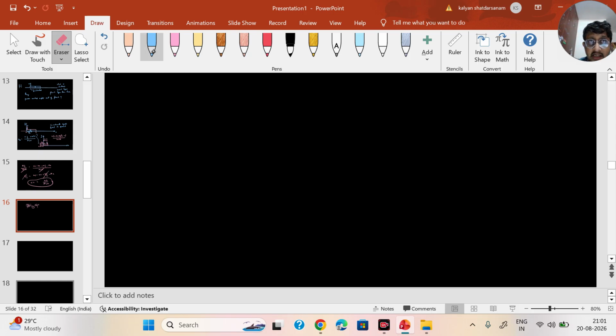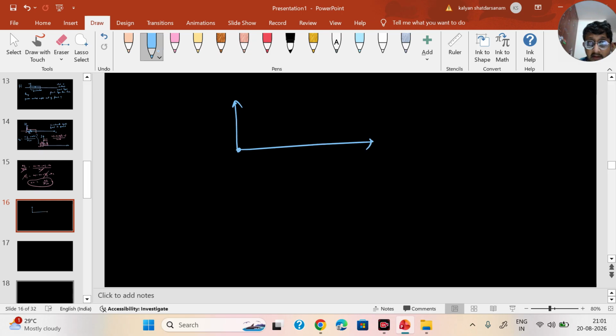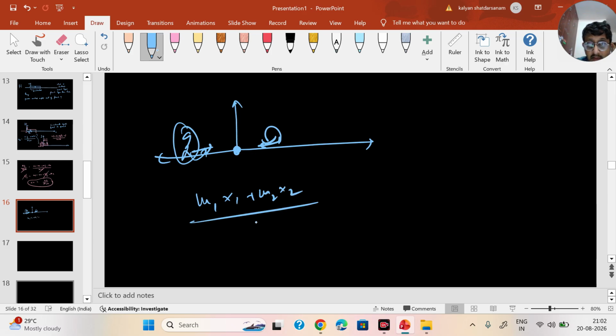Actually, how do you get this shortcut? If you take the coordinate system by mistake at the center of mass itself, origin, then the person moved some distance, the plank moved, the center of mass moved some distance, his mass into whatever he moved and its mass into whatever it moved, both should match to keep the center of mass here only. Like for example, m1x1 plus m2x2 by m1 plus m2 is the original center of mass.